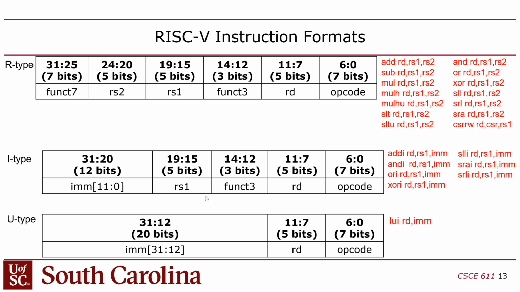Okay, so the I type has the func3 and the opcode, but it obviously doesn't have the func7. Now you can still, as noted in the lab sheet, if you build that instruction decoder, it's okay if you have a signal called func7 and you have an I-type come in.